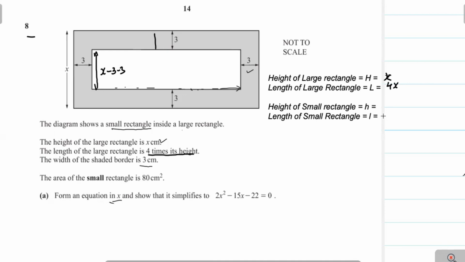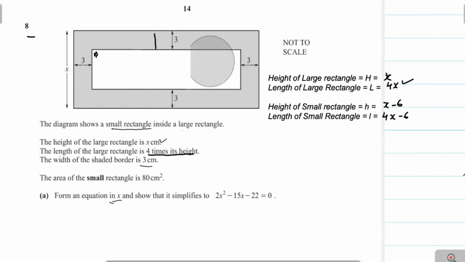Therefore, this height will be equal to x minus 6, and the same in the length, we will subtract the border width 3 on both sides. Therefore, the length of the large rectangle is 4x, so the length of the small rectangle is 4x minus 6.